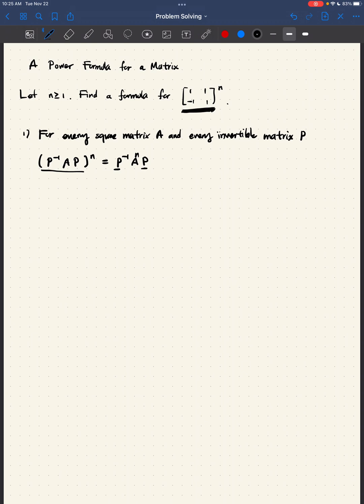So, the idea is to come up with a particular P that can do the work for us. If, for example, P inverse A P is diagonal, then computing the powers of such a matrix is just computing the powers of the diagonal.